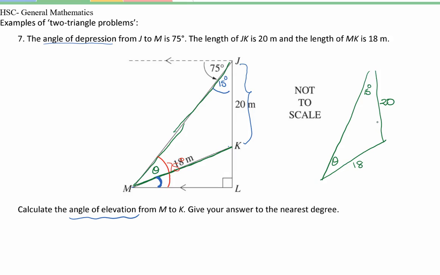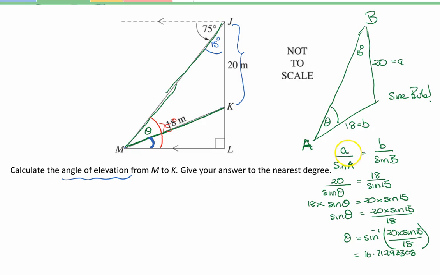Well, actually, I don't think I'm going to use the cosine rule because I don't have all three sides and now I'm talking two angles. So hopefully you can see that actually in this example you need to go back to the sine rule. To find this angle theta, we need to go back to the sine rule.